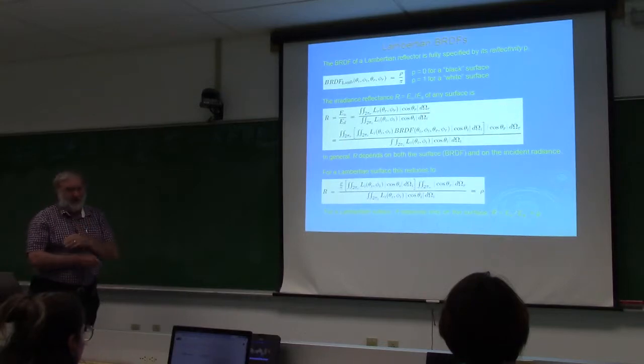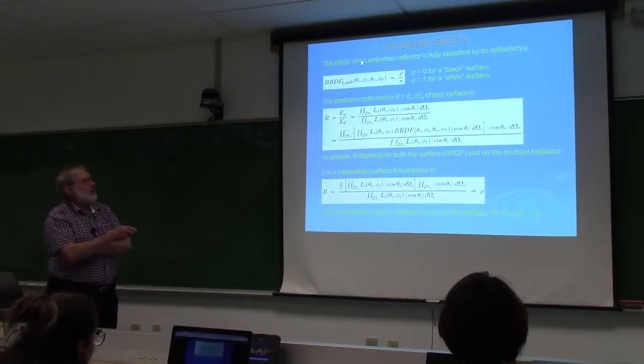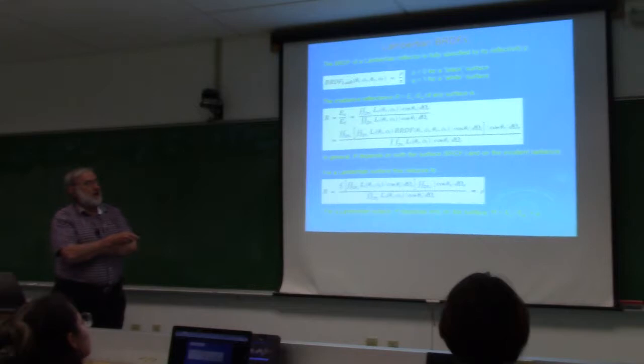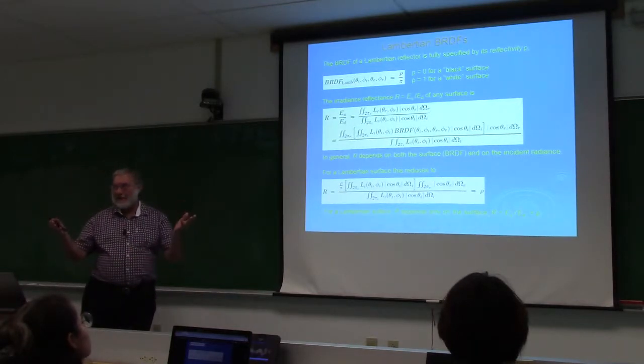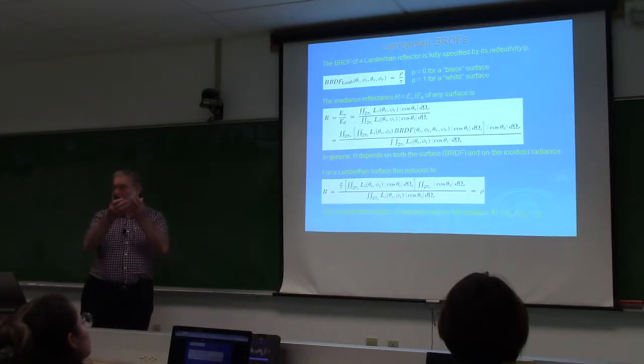Then, for this Lambertian surface, it turns out that the BRDF is just a reflectance rho divided by pi. And rho would be 0 for a black surface, where there's no light being reflected. It would be 1 for a white surface that reflects all of the incident light.